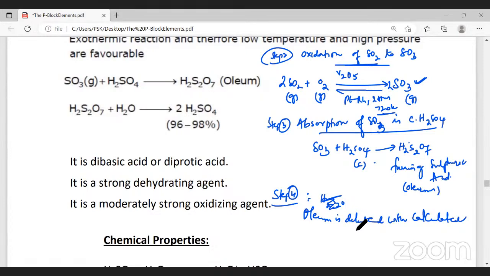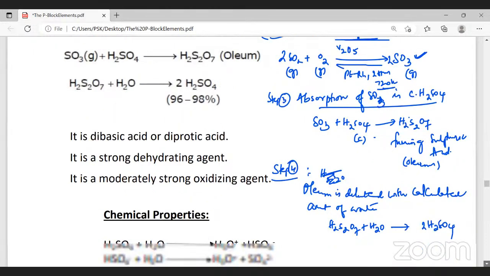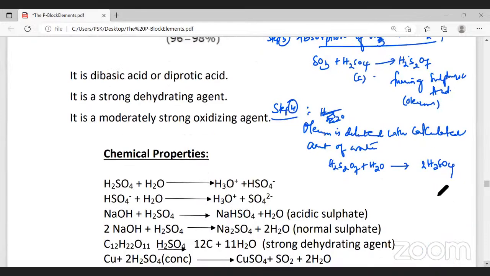When you dilute it with calculated amount of water, this oleum, H2S2O7, forms 2 moles of H2SO4, sulfuric acid. This is around 96 to 98% pure.